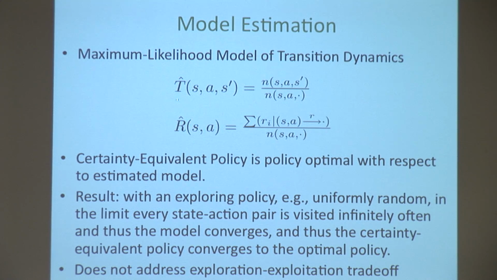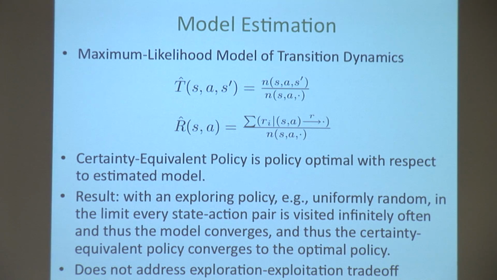Actually, it turns out it's the maximum likelihood estimate under the usual sort of Dirichlet assumptions of the state action next state probability. And similarly, the expected reward is just the empirical average of the reward you've seen in a state action pair. So here is the first simple idea of model-based learning, right?